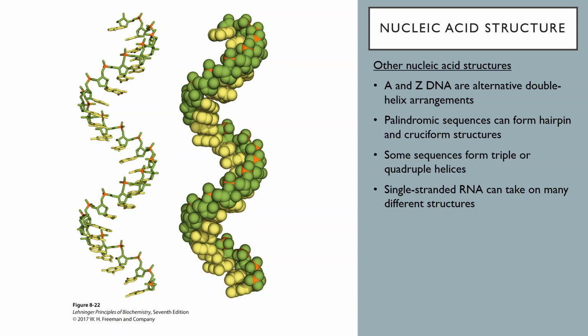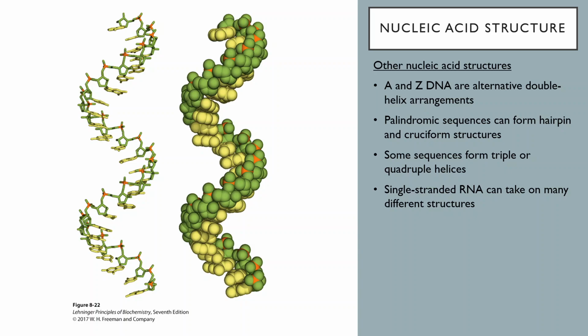Now, RNA, on the other hand, can form a lot more complicated structures than DNA, simply because, again, that missing hydroxyl group means it's able to take on more complicated conformations. And in fact, typically, RNA is only found in its single-stranded form.